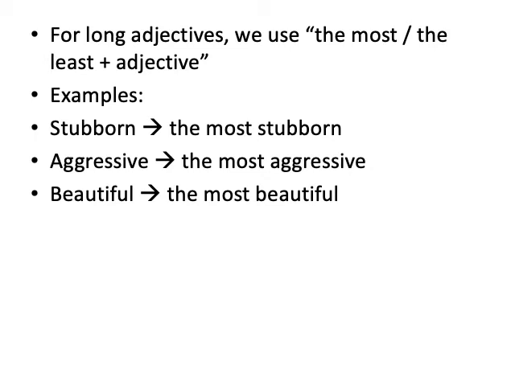Stubborn is the most stubborn of his siblings. siblings اللي هم الأشقاء، هو أكتر واحد عنيف في الدنيا. aggressive she is the most aggressive girl in the house, for example. beautiful this is the most beautiful flower in the garden, and so on. يبقى المهم برضو إن أي adjective طويلة هنحط قبلها the most or the least عشان مش هينفع نزود syllable.